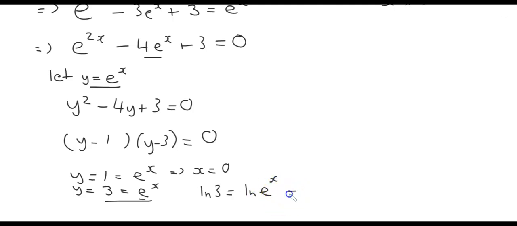You could then take the x down the front, x ln e, and ln e is actually 1. Okay, because remember, ln is log to base e, and therefore log of e to base e. How do I get from e to e using powers only?